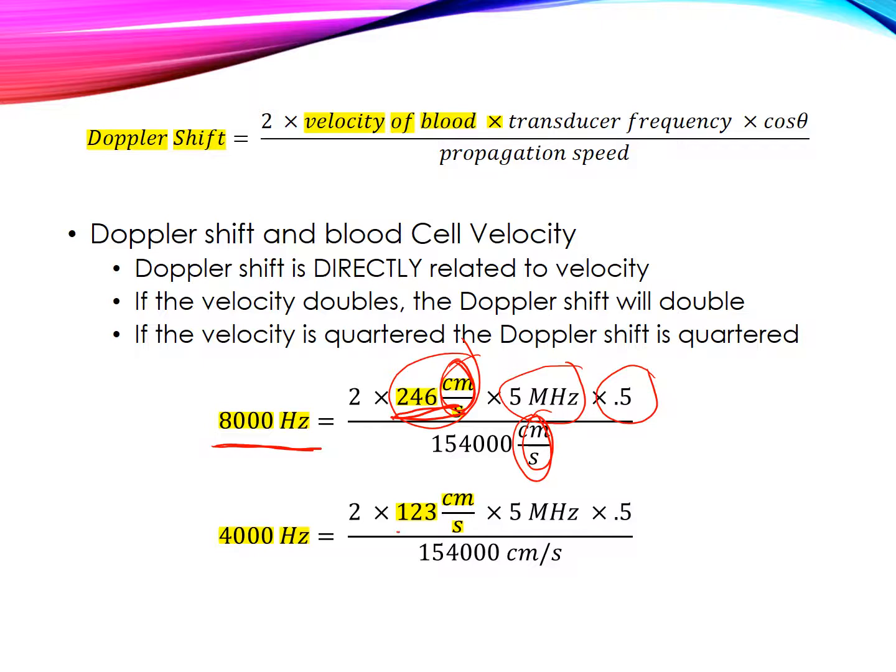In our next example down, we have 123 centimeters. That is 1/2 of 246. So what do we expect to happen to that Doppler shift? We expect that to also be halved. 8,000 divided by 2, or by 1/2, gives us that 4,000. So you can see as this is halved, so is our Doppler shift.